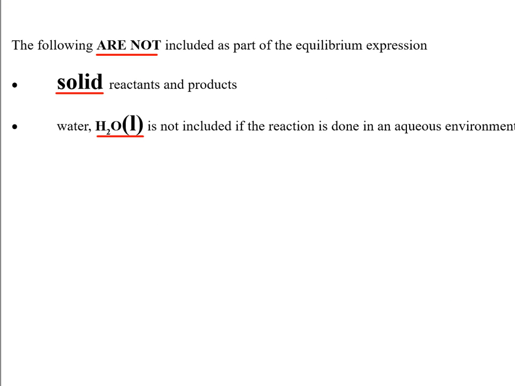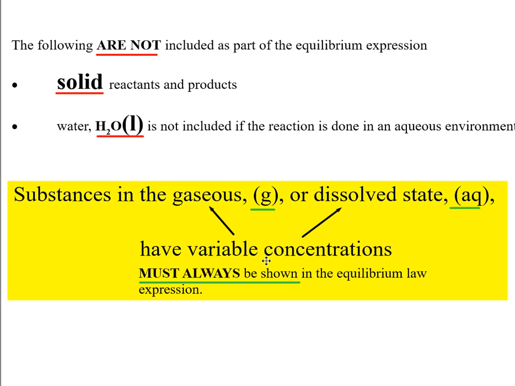Very important to note that solids and liquid water are not included as part of your equilibrium expression. Substances in the gaseous and dissolved aqueous state have variable concentrations, meaning that their concentration is changing, and must always be shown in the equilibrium law expression.